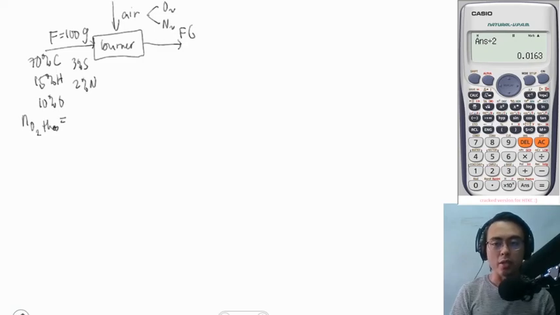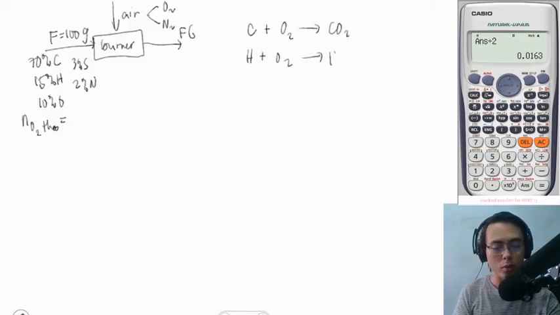We will be picking the elements that can be combusted. So in this case, carbon can be combusted, and the equation is C plus O2 yields CO2. Hydrogen plus O2 yields H2O. So to balance, that's times 2 times 1/2. Oxygen cannot be combusted. Sulfur can be combusted. So our equation is S plus O2 yields SO2.